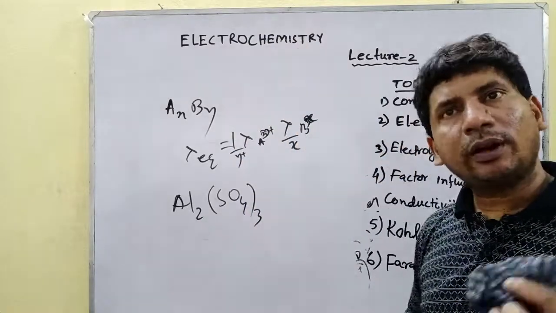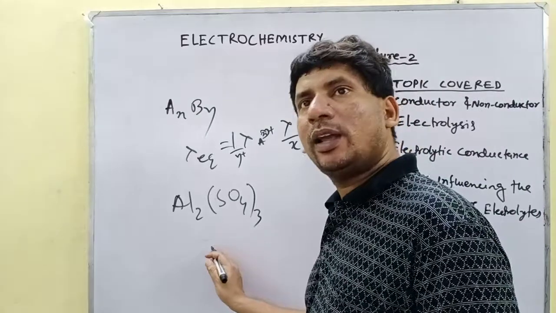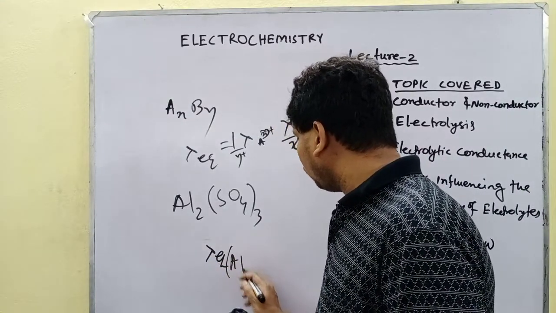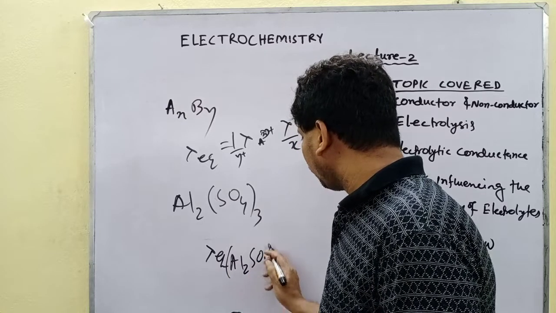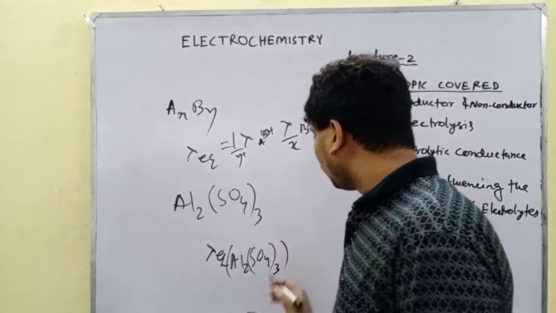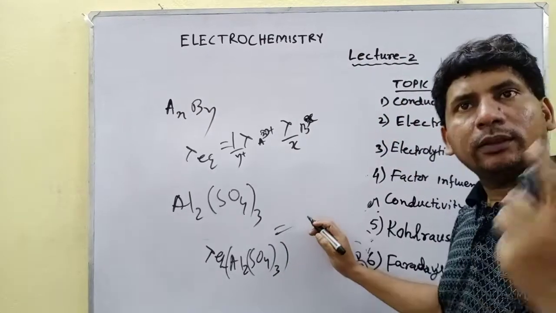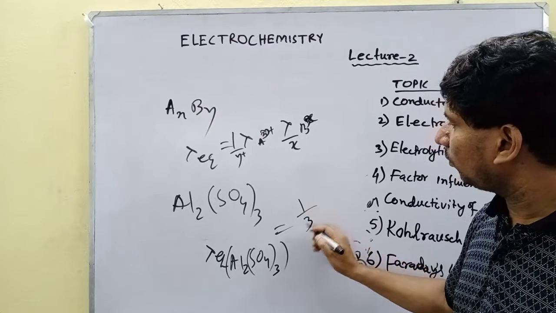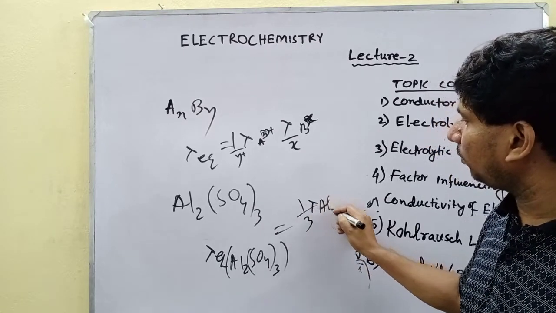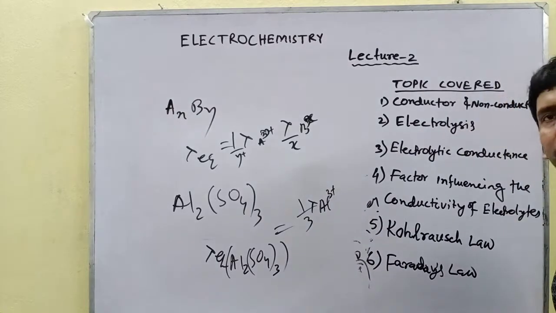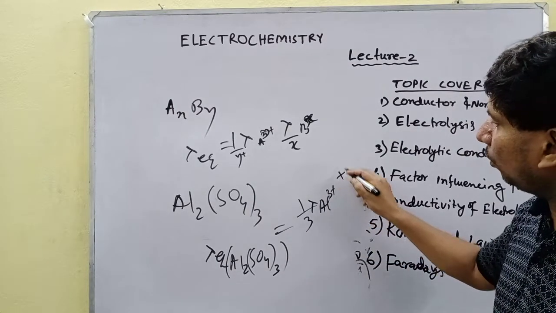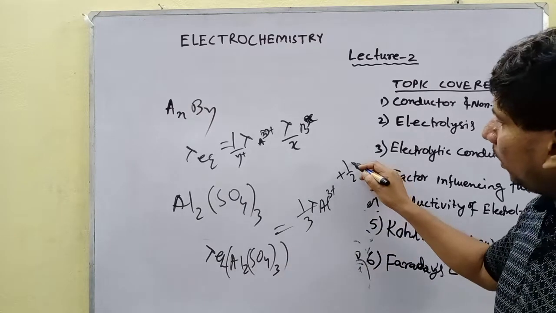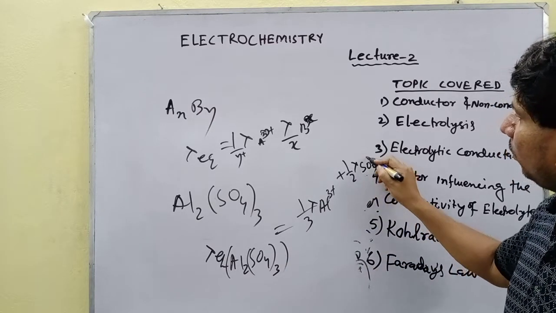Then the total lambda or equivalent conductance of aluminum sulfate equals 1/3 of lambda of aluminum 3 plus, plus 1/2, since the charge of sulfate is 2, of lambda of sulfate 2 minus.